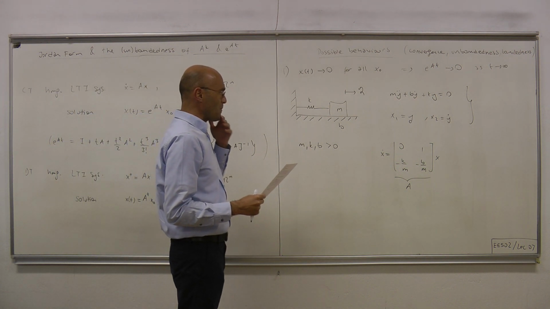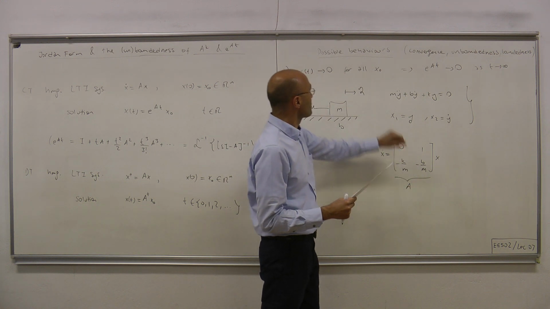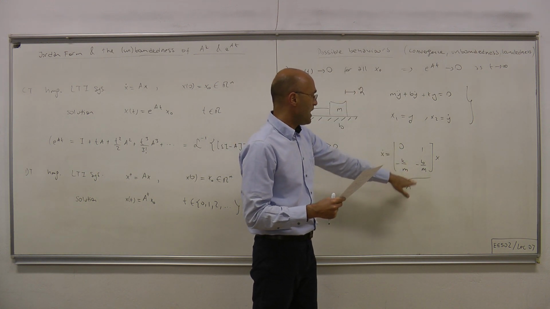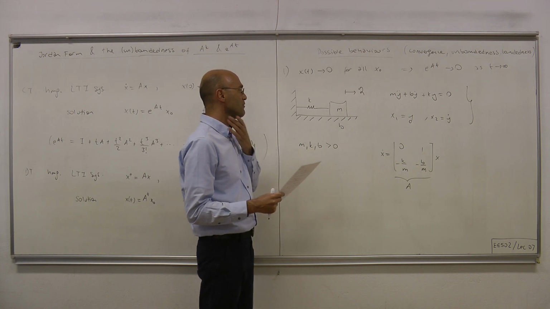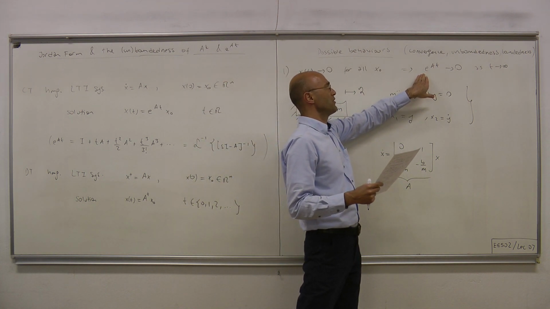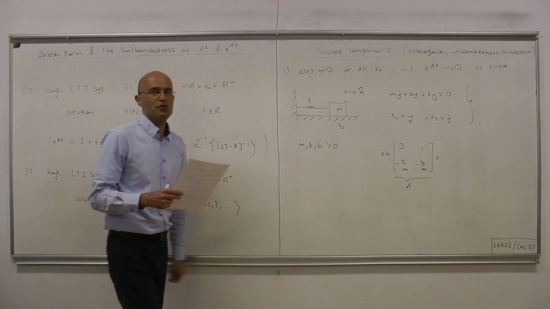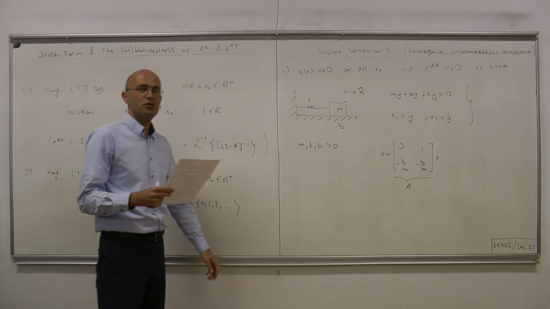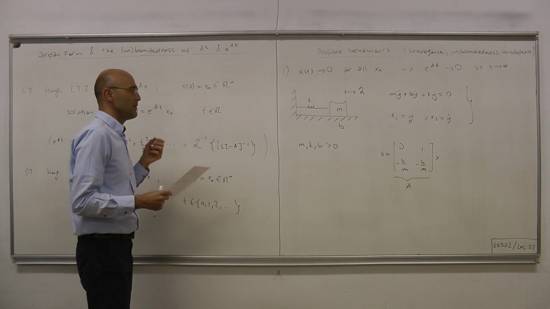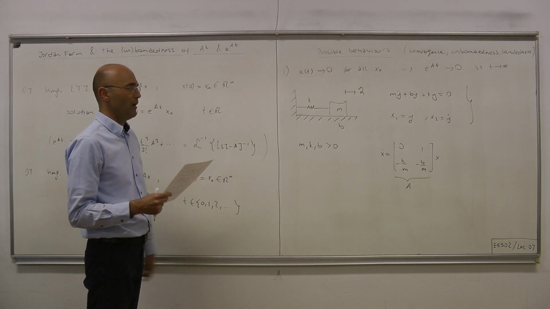Because this is true, this A matrix, no matter how you choose m, k, and b, provided they are all positive, should produce a state transition matrix that converges to zero. That behavior, it turns out, has to do with the positions of the eigenvalues of the A matrix.